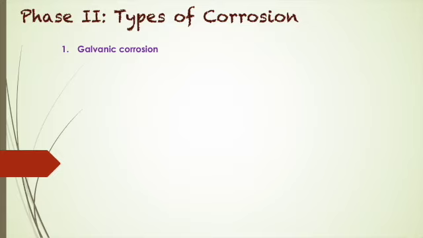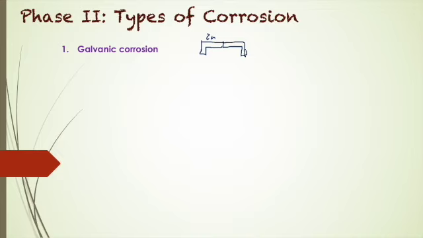in which the metal with the lower electrochemical potential, that means the more active metal, will get corroded, and the other one will be protected from corrosion. For example, if we have zinc and copper, let's say I have this structure wherein I have taken zinc and copper. This part is zinc and this part, they both are connected together.